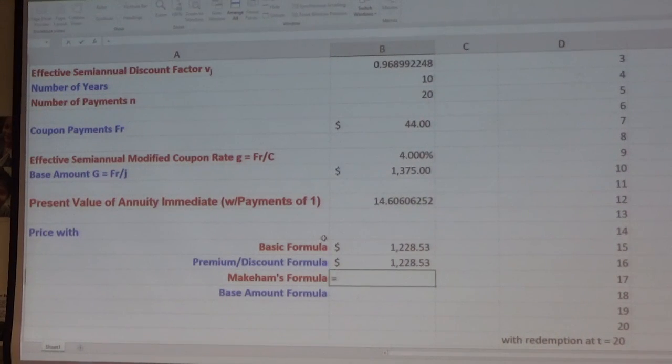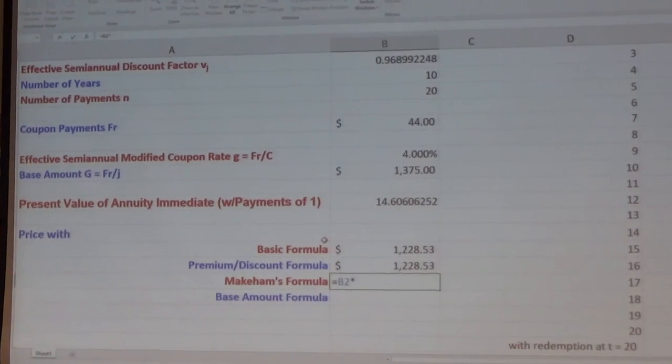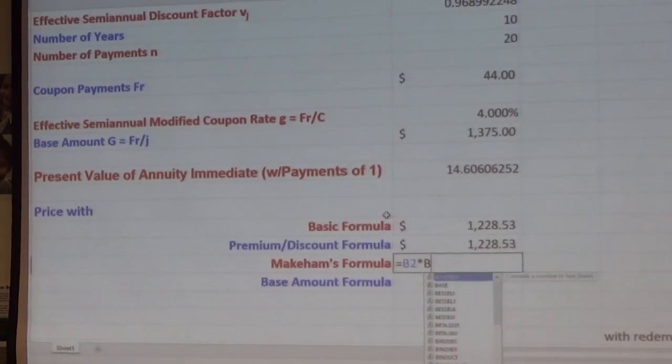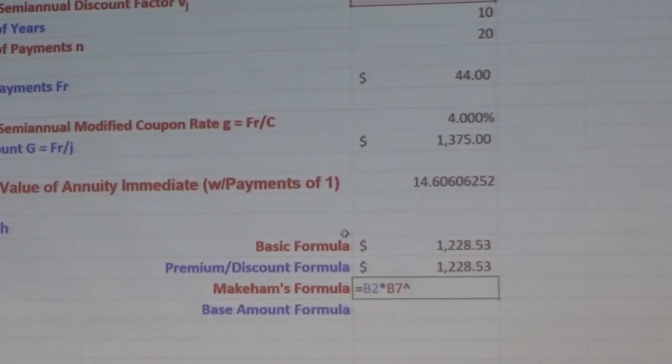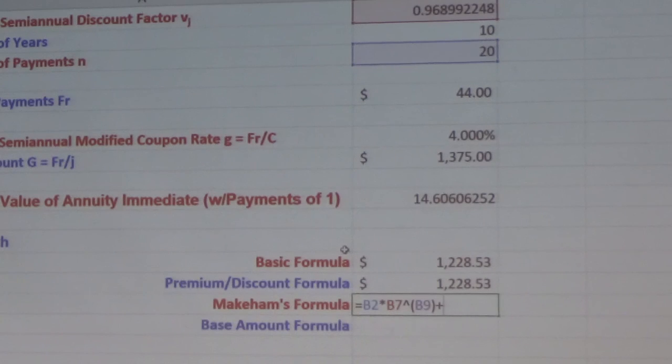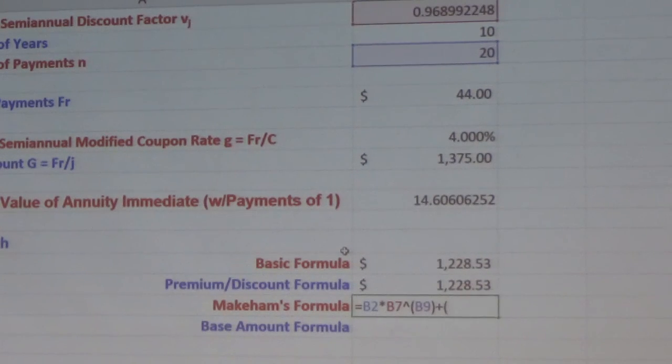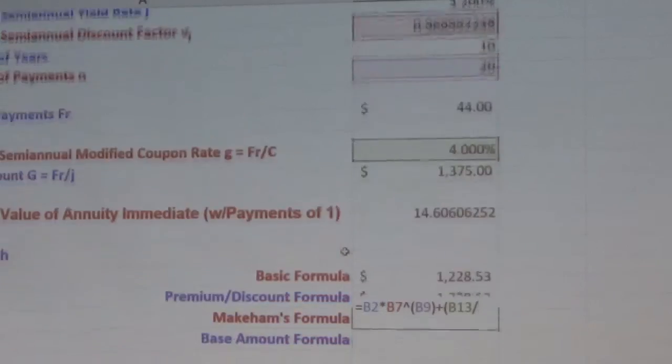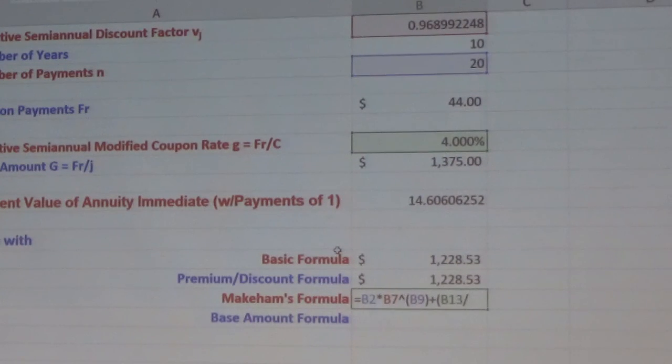K is C times V to the N, B2 times, again, V is in B7, N is in B9, that's K, plus G over J, little g is in cell B13, J was in cell, I forgot, B6, times, in parentheses, C and B2 minus K, once again, B2 times B7 to the B9.